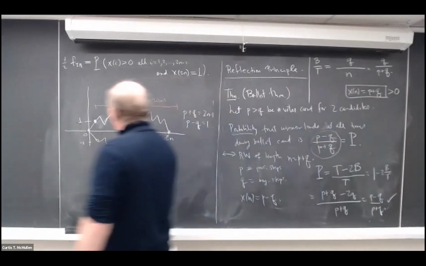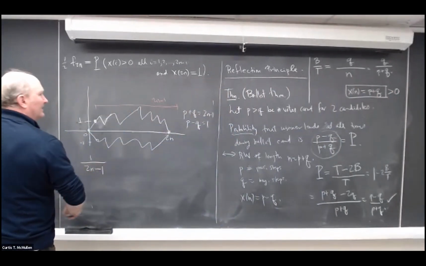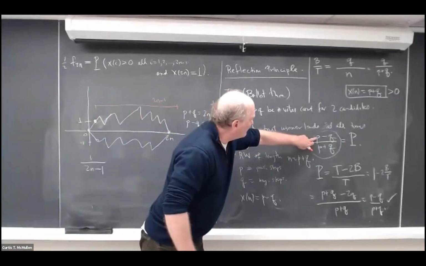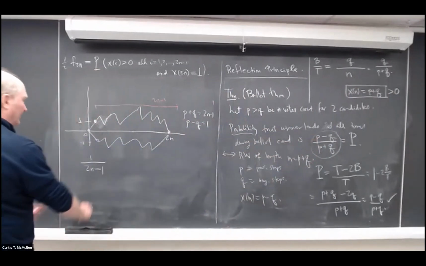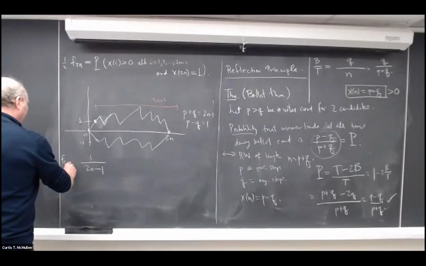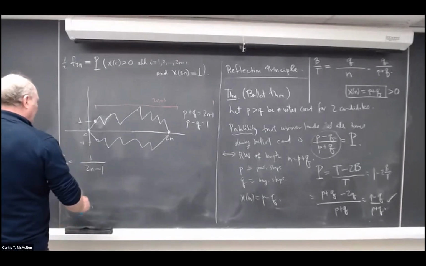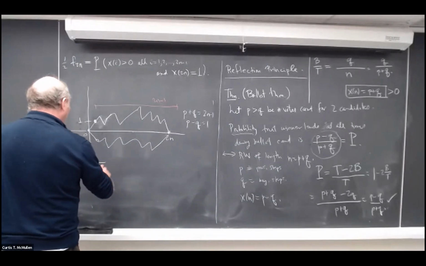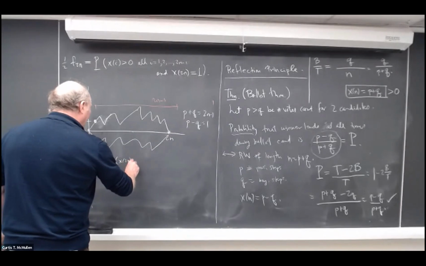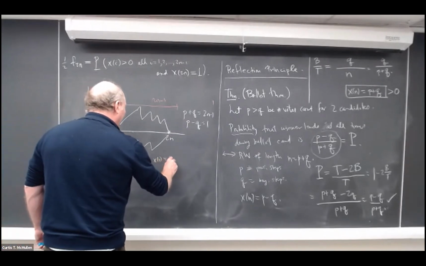So that's 1 over 2n minus 1, the length of this path, and the rise, which is p minus q, on the numerator, the length of the path in the denominator. So f_2n is 1 over 2n times the probability that x_2n is equal to 0 and x of 1 is 1.